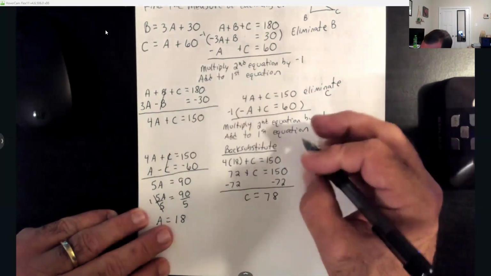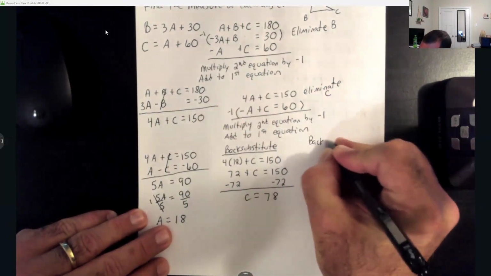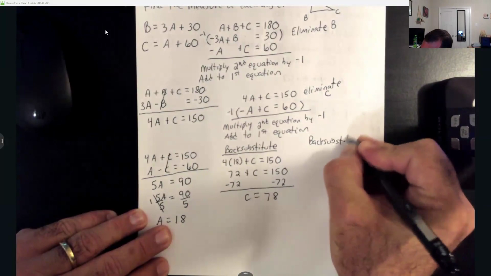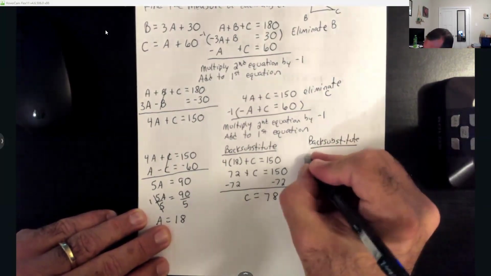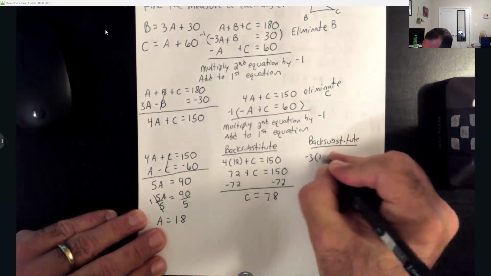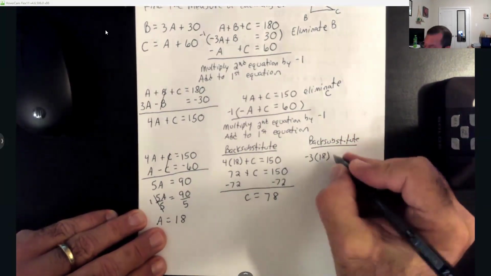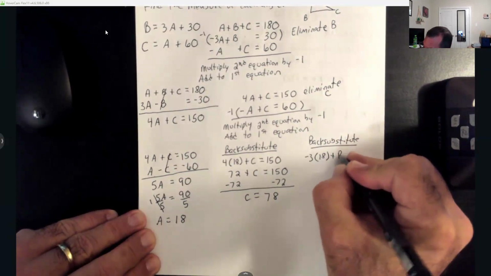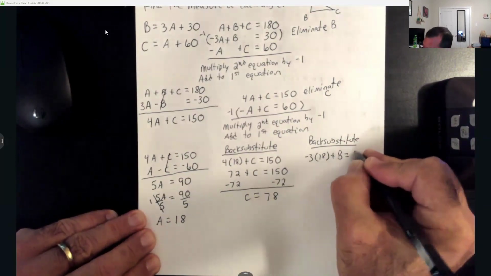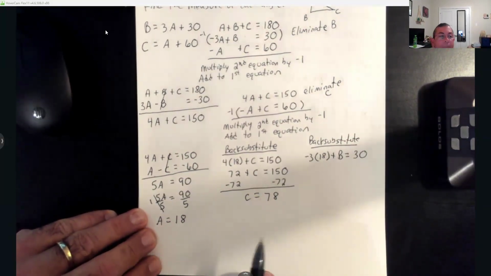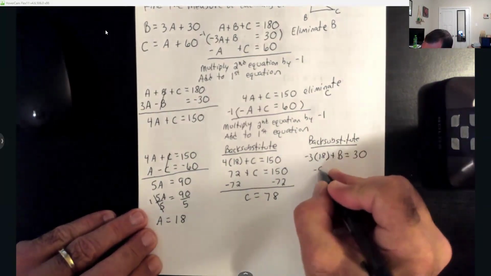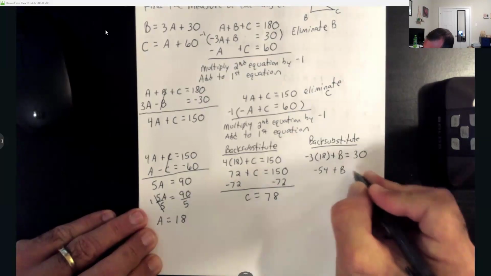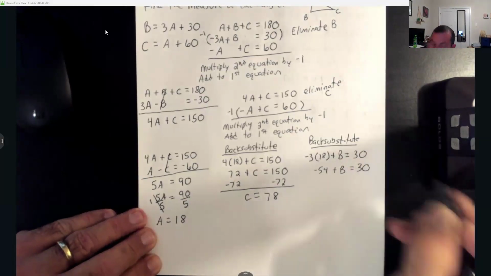So I'm going to back substitute again. I got -3 times A, which is 18, plus my B has to equal 30. All right, y'all, so -3 times 18 gives me -54, plus B equals 30.